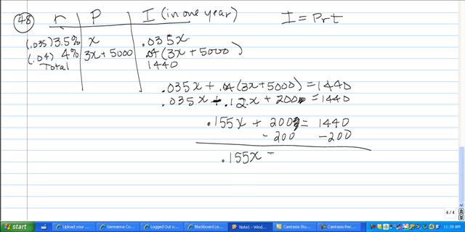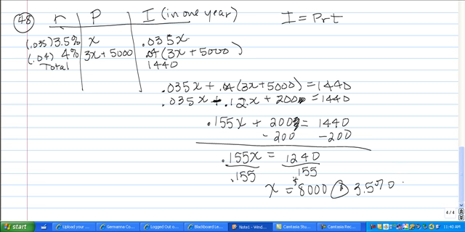0.155x equals 1,240. Divide by our 0.155 to get 1x. Okay, 1,240 divided by 0.155 is $8,000 at 3.5%.